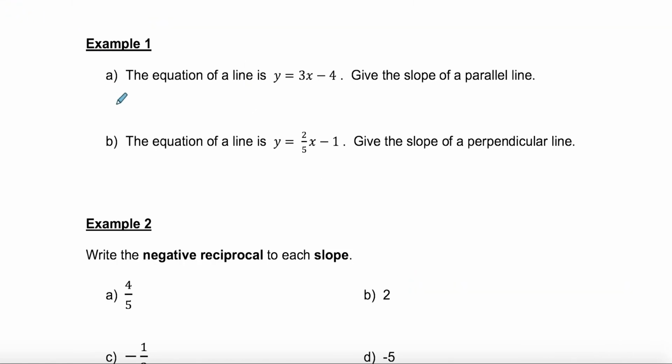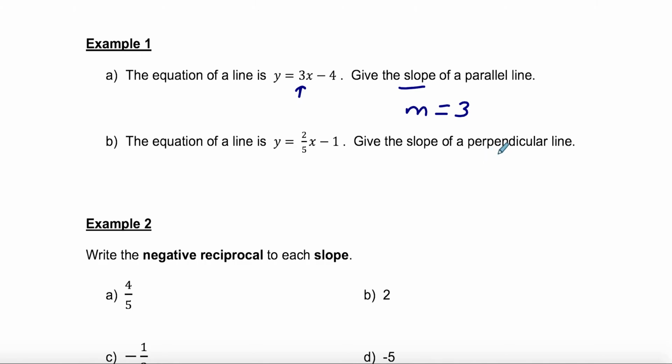So the equation of a line is y equals 3x minus 4. Give the slope, so just the slope of a parallel line. Well, a slope of a parallel line would also be 3 because there's our slope there. If it's 3, the slope of a parallel line is 3. The equation of a line is y equals 2/5 x minus 1.